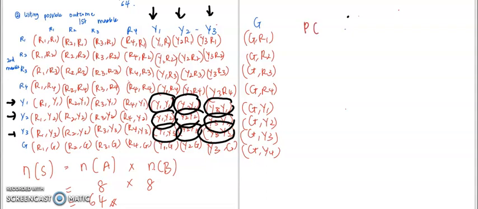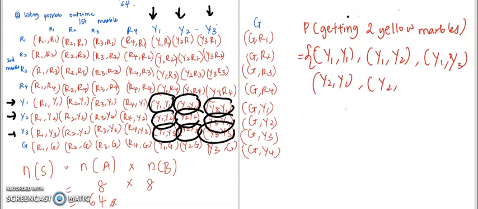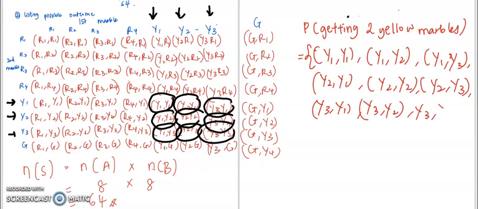Okay, so the probability of getting 2 yellow marbles will be Y1, Y1, Y1, Y2, Y1, Y3, Y2, Y1, Y2, Y2, Y2, Y3, then Y3, Y1, Y3, Y2, and Y3, Y3.